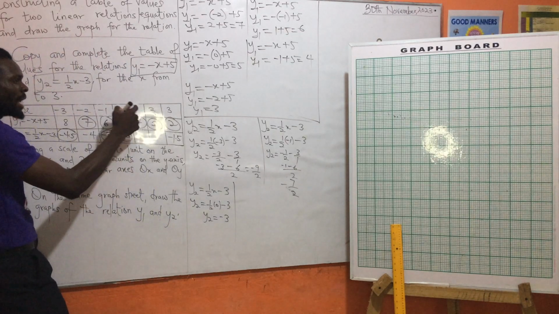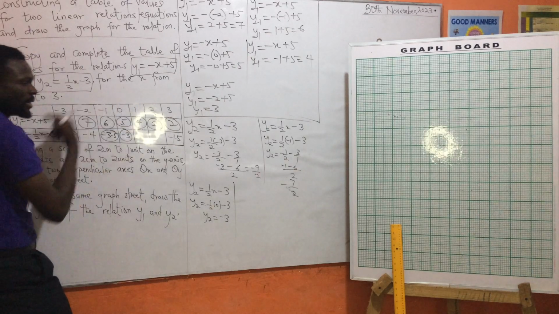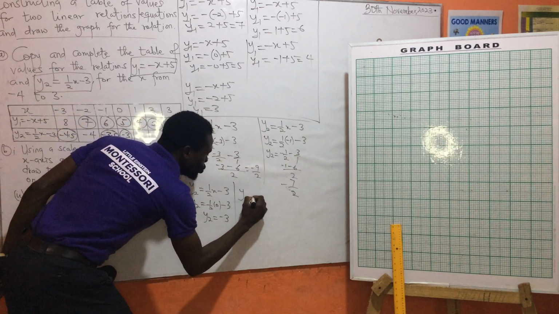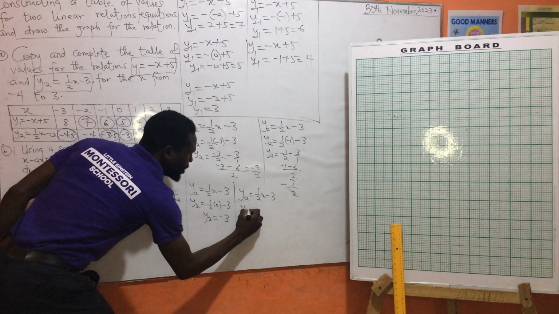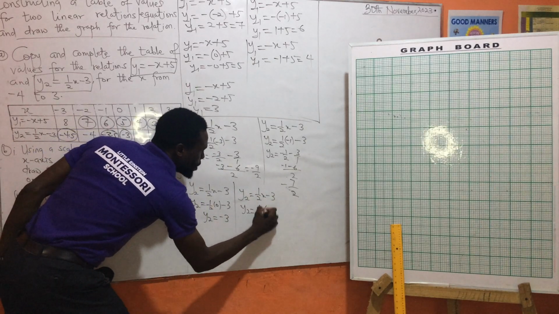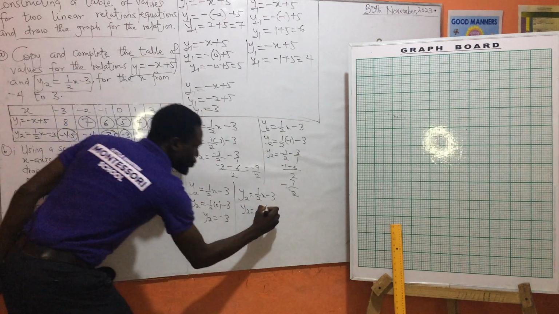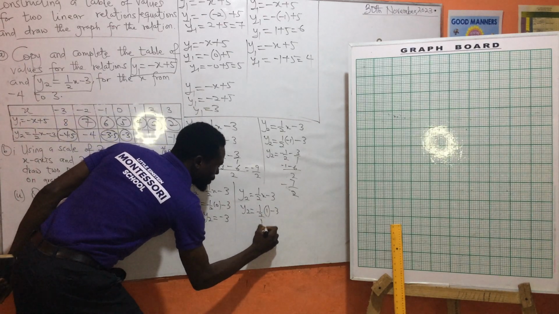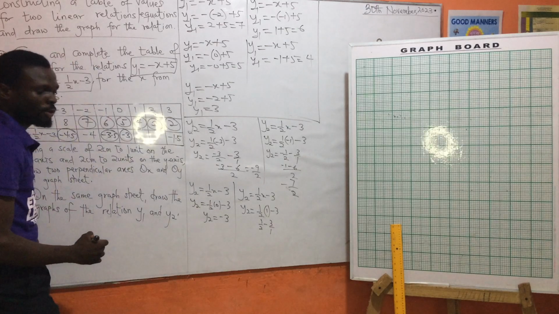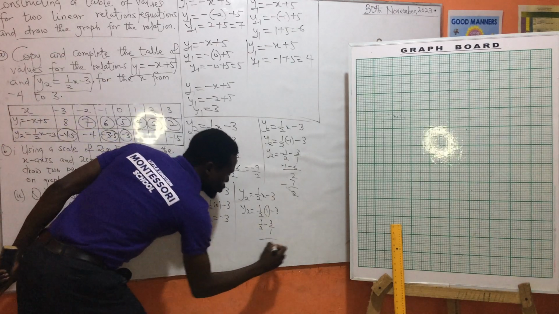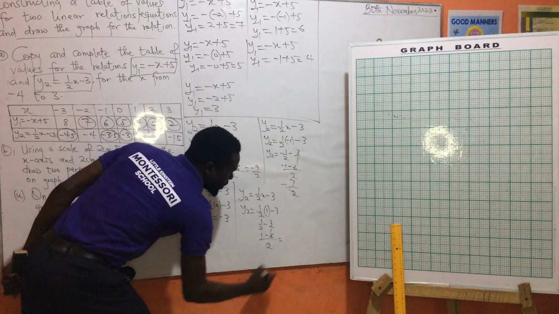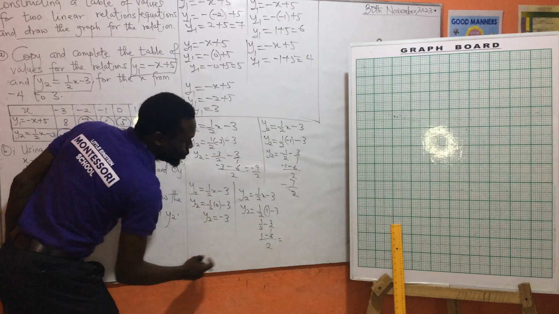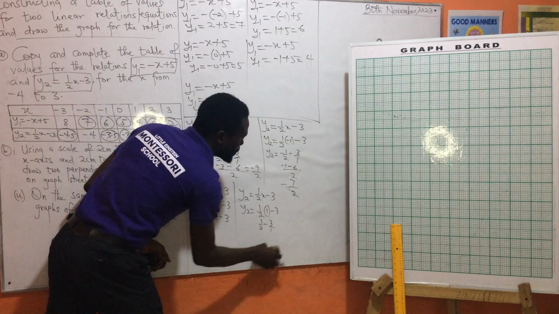This time x is 1. So we have y2 is equal to half x minus 3, so y2 is equal to half bracket of the x, where x is 1, minus 3. So 1 over 2 minus 3. We solve for the unknown. So we have this as 2, 1, 6, let's work it properly.